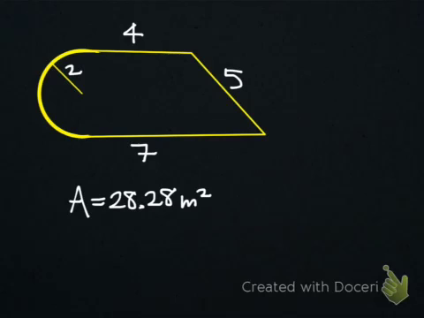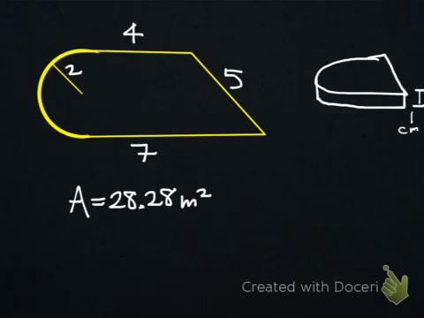Okay, so from our problem before, we knew that the area of this figure is 28.28 square meters. If we want to find the volume of a figure that has the same area on the top and is 1 centimeter tall, the volume is still going to be 28.28, but this time it's going to be meters cubed.